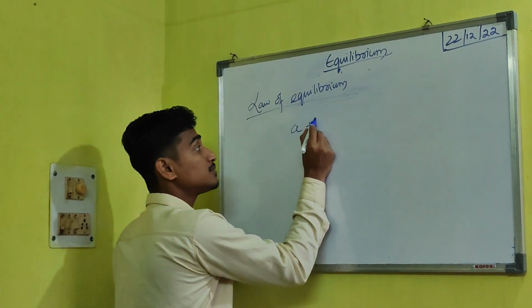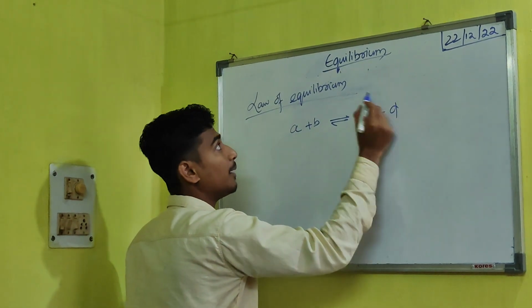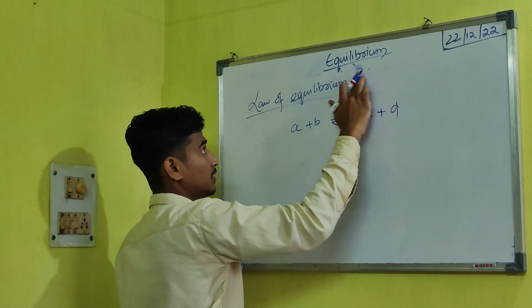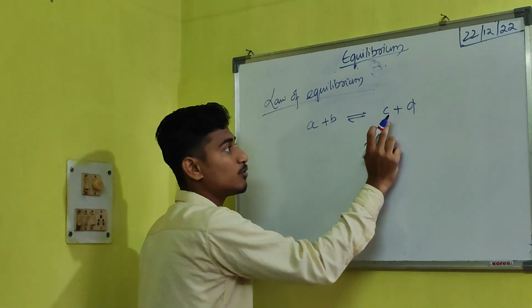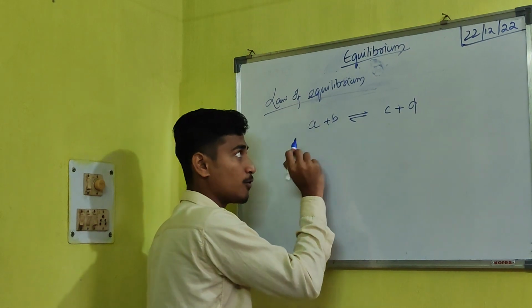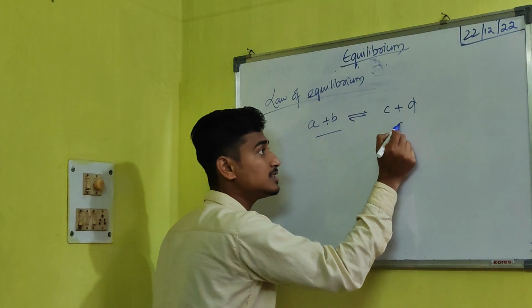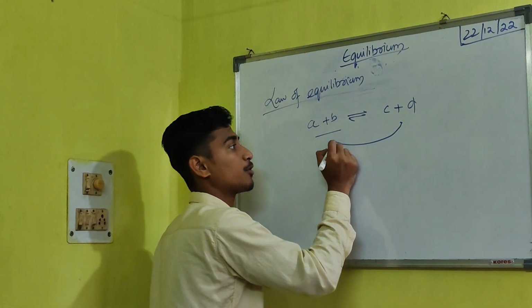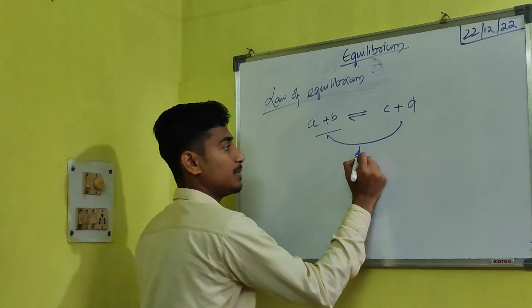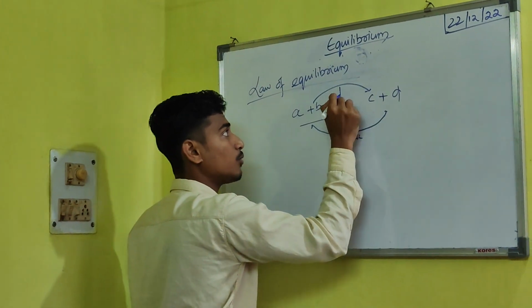A plus B is a reversible reaction. Every equilibrium is a reversible reaction. A plus B equals C plus D. The forward reaction means reactant side to product side, and the backward reaction is product side to reactant side.